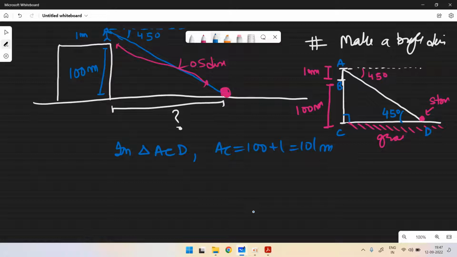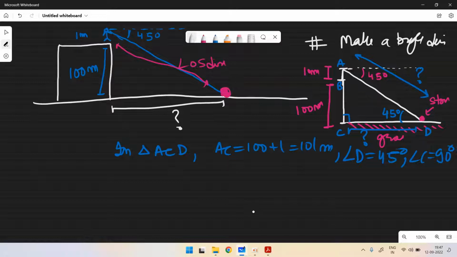Angle D is 45 degrees, and angle C is 90 degrees. What you need to find is this distance, the question mark value, and also the line of sight distance.